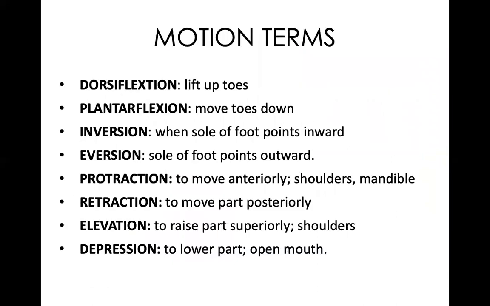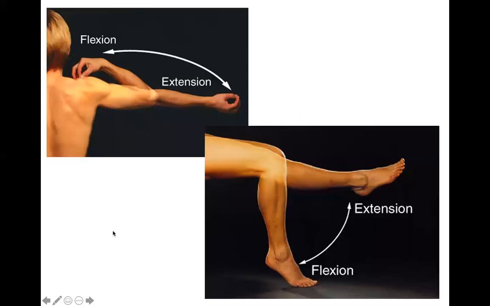Other vocabulary we have is elevation versus depression. Those two words are self-explanatory. Elevation implies lifting something up versus depression, moving something down. Again, elevation and depression can also be applied to the mandible and shoulders. So if you are opening your mouth, your mandible is being depressed because it moves downward. And if the mandible is elevated, then you're basically closing your mouth.